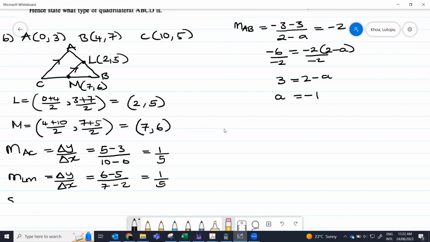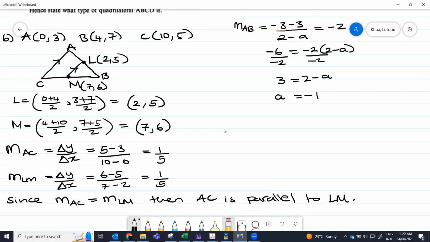Then you say something like, since the gradient of AC is equal to the gradient of LM, then AC is parallel to LM. And that is how you answer that question.